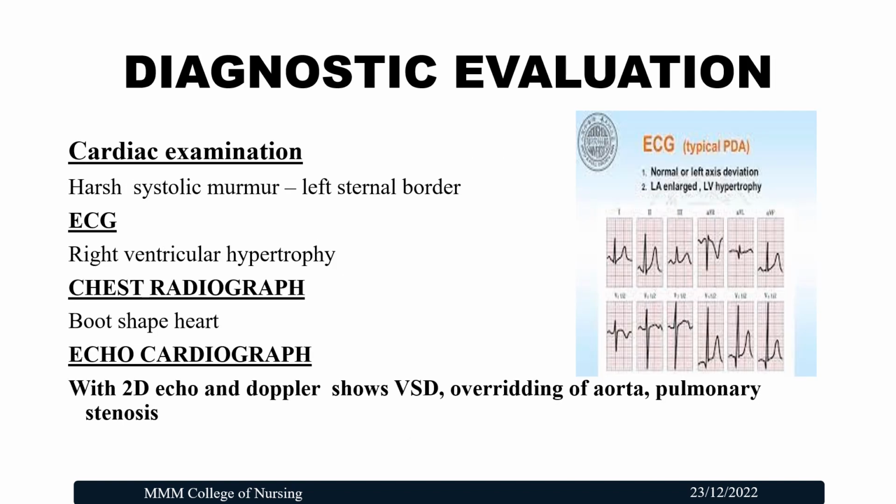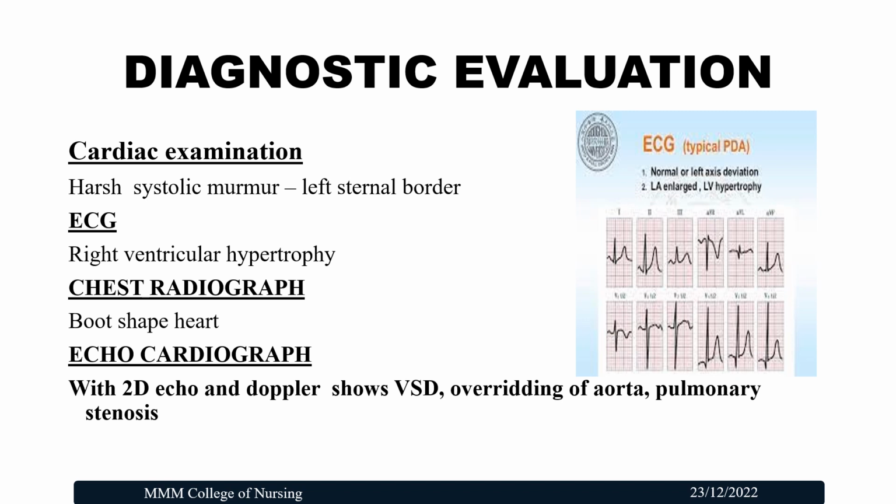Coming to the diagnostic evaluation, first is the cardiac examination. In the cardiac examination you can see a harsh systolic murmur at the left sternal border. Coming to the ECG, right ventricular hypertrophy can be witnessed.